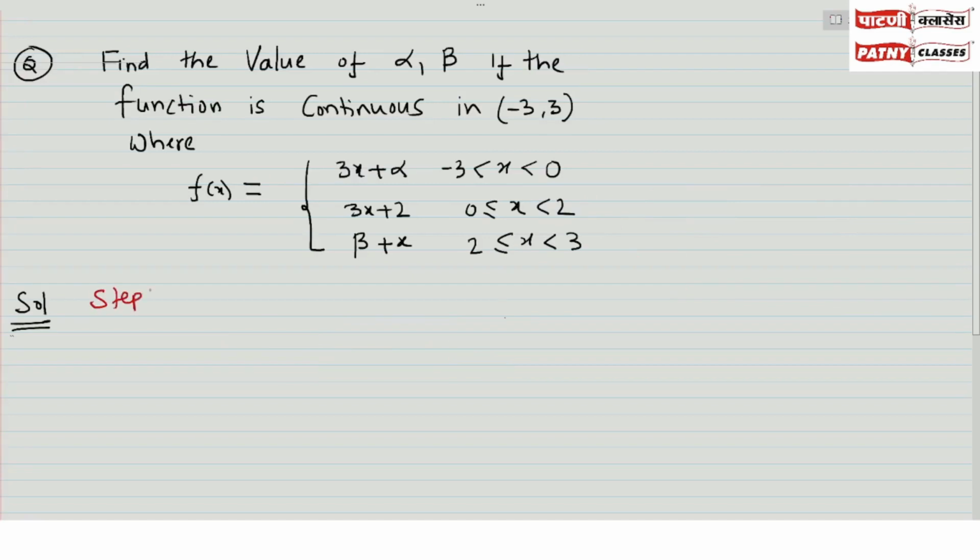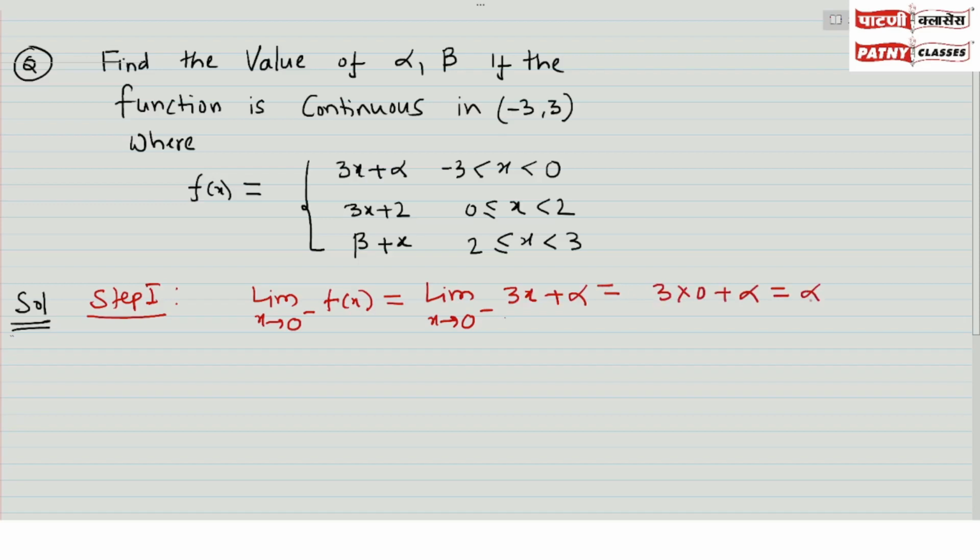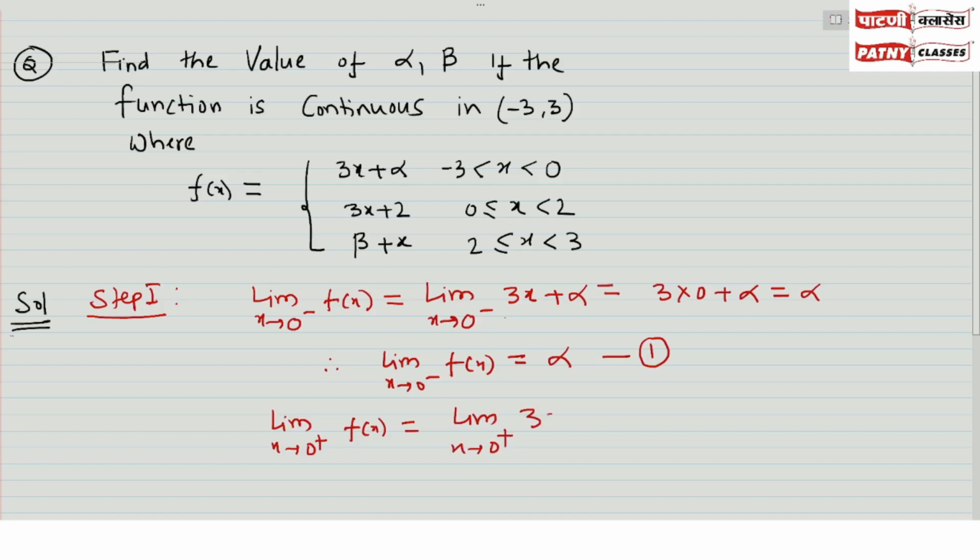Step 1. Limit x tending to 0 minus f of x equals limit x tending to 0 minus 3x plus alpha. Applying limit, 3 into 0 plus alpha equals alpha. Therefore limit x tending to 0 minus f of x equals alpha. Call it equation 1. Limit x tending to 0 plus f of x equals limit x tending to 0 plus 3x plus 2.